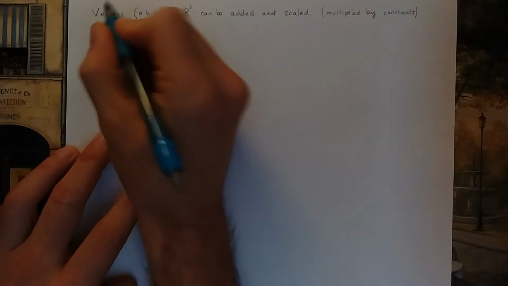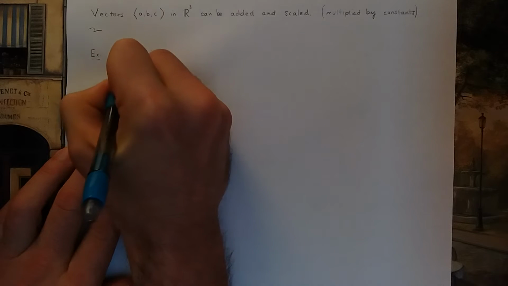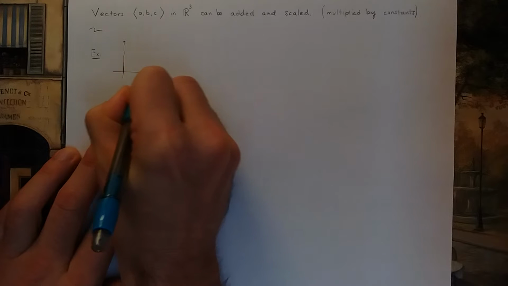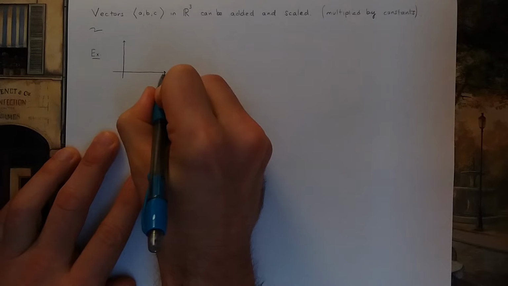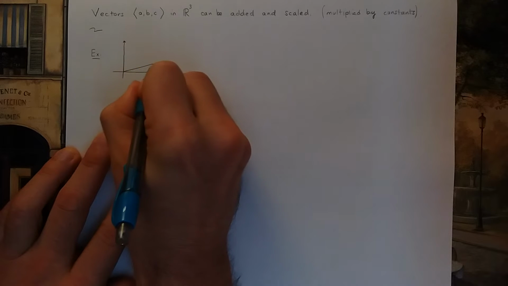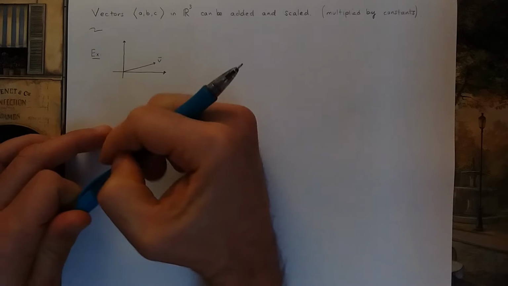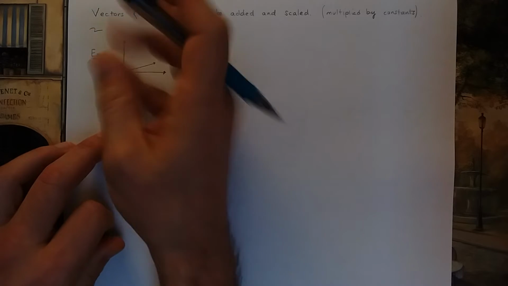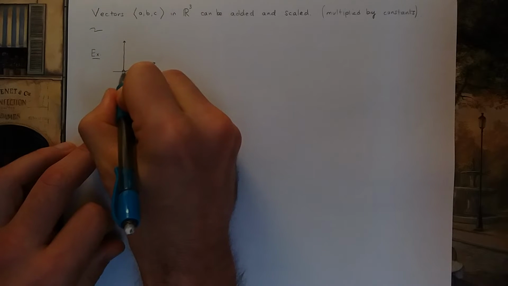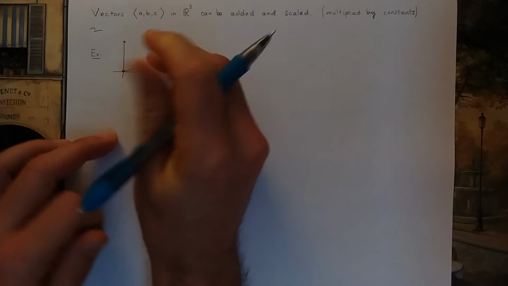I'd like to do an example. So let's suppose I have a few vectors in R2. So let's say I have a vector v. That's the vector v in R2. It says travel a certain distance in the x direction, travel a certain distance in the y direction. There's my vector v.